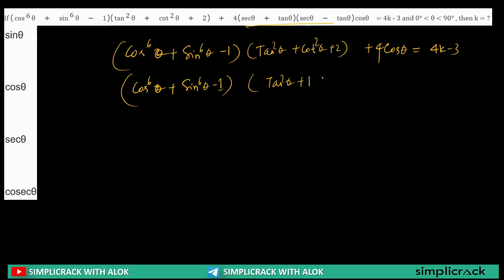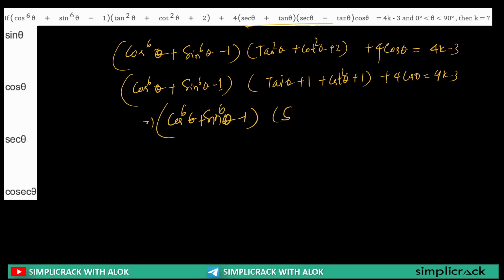Tan square theta plus 1 plus cot square theta plus 1 plus 4 cos theta is equal to 4k minus 3. Or this whole thing can be written as cos 6 theta plus sin 6 theta minus 1 is equal to sec square theta plus cosec square theta, plus 4 cos theta is equal to 4k minus 3.